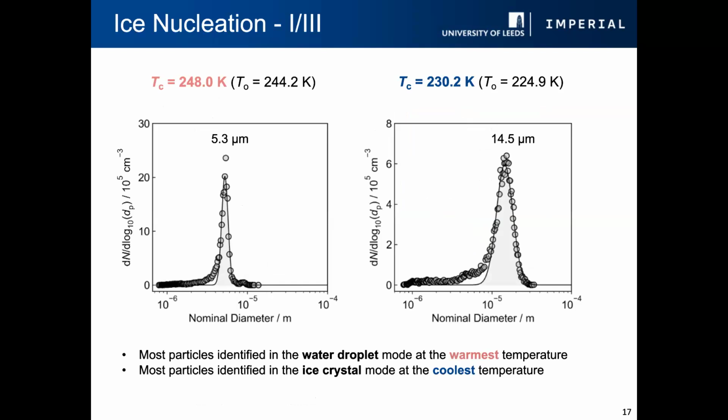Those are water droplets. When we cool down the chamber to 230 Kelvin, we're seeing a much larger mode of particles, and these are ice. So these water droplets, when we have colder temperatures, freeze, and then we have faster uptake of water onto the ice crystal, forming larger particles that we measured.